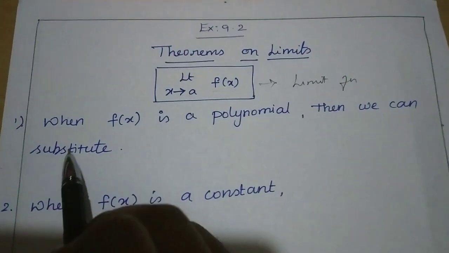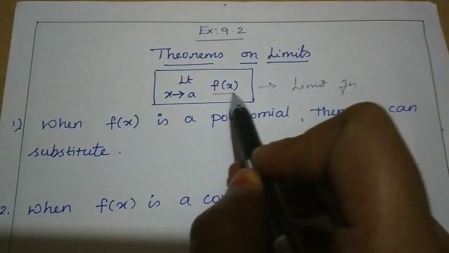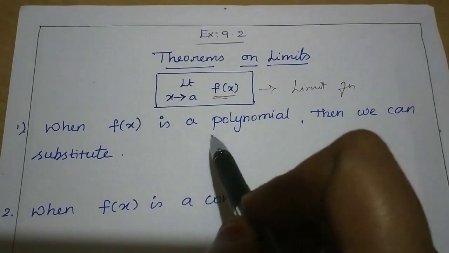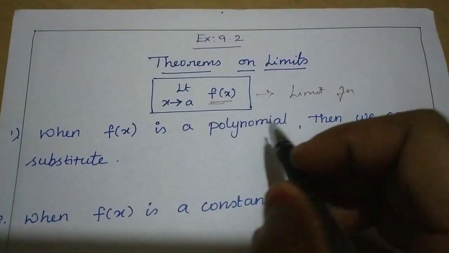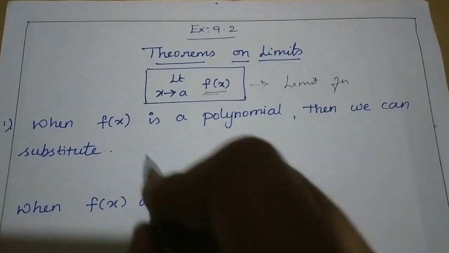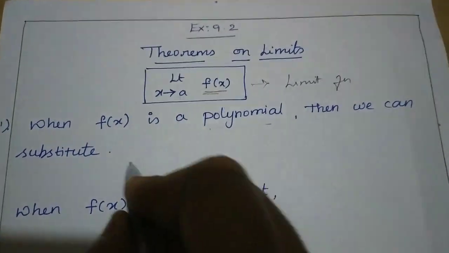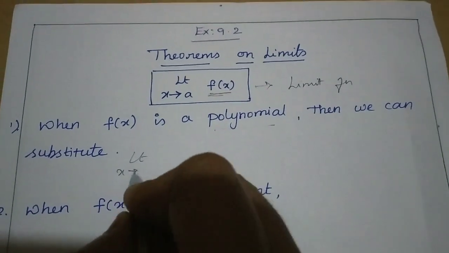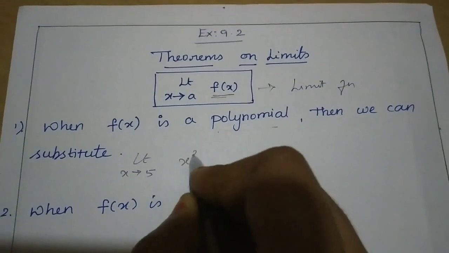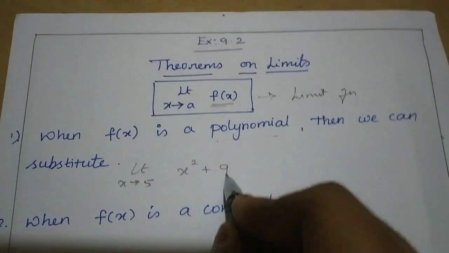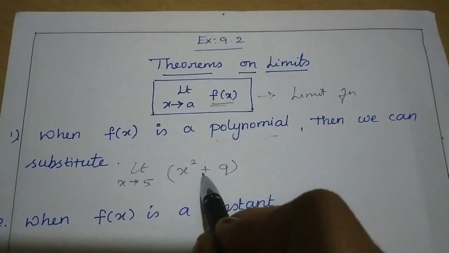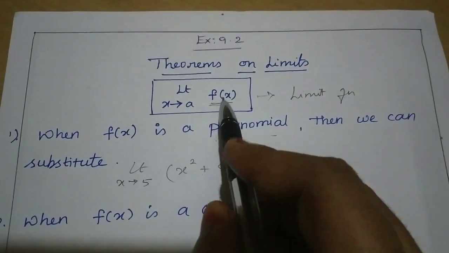First theorem statement: when the given f of x is a polynomial. You know what is meant by a polynomial. I will give you an example. Limit x tends to 5 of x square plus 9. This is a polynomial function.